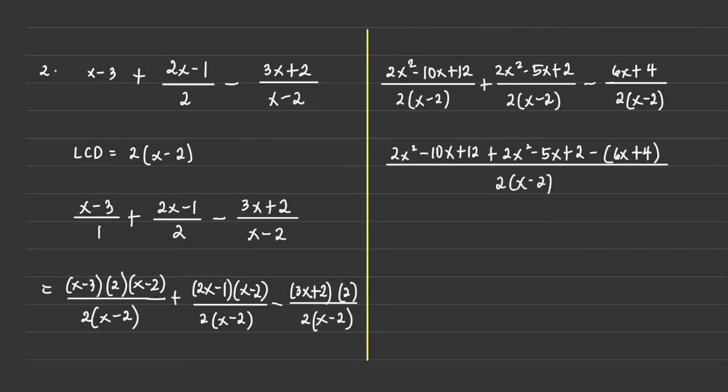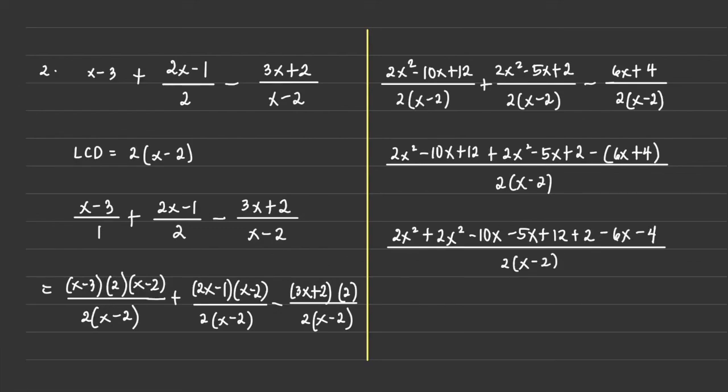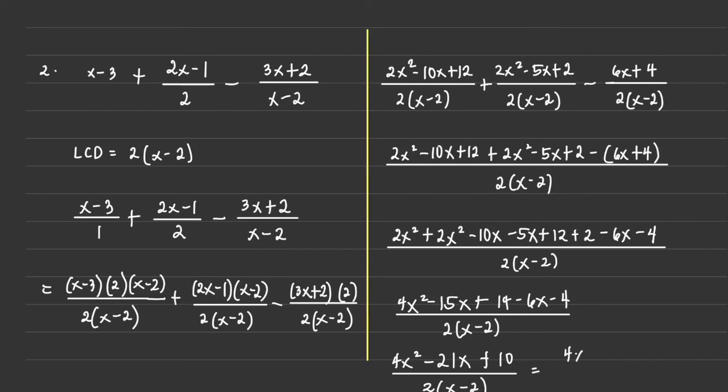We then perform the indicated operation and we combine similar terms. Since the rational expression can no longer be simplified, we will have our final answer equal to 4x squared minus 21x plus 10 all over 2x minus 4.